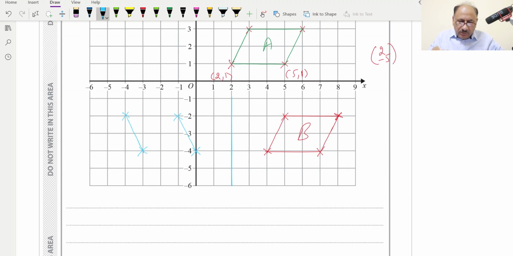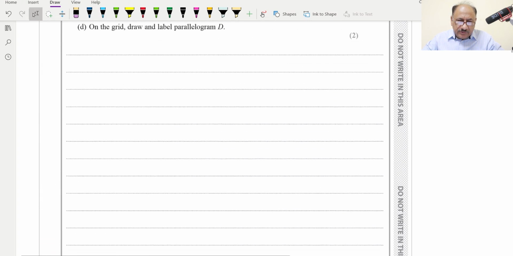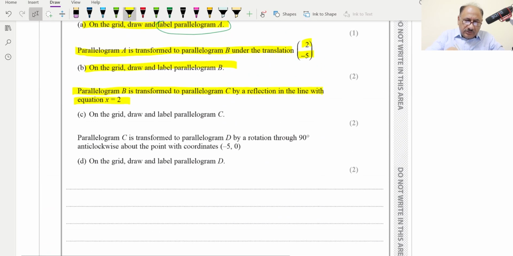This will be our parallelogram C, which we will be labeling after completion. So this is C. We are done with C also, and now D part is saying on the grid. So this is the portion which we have done.